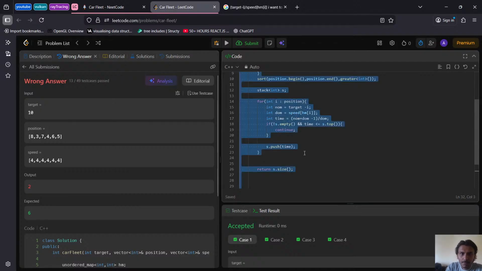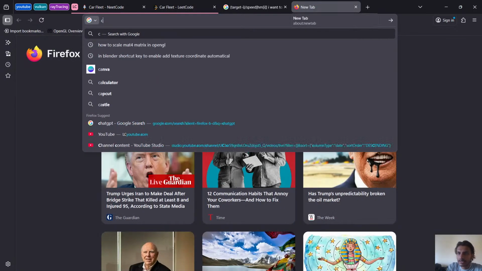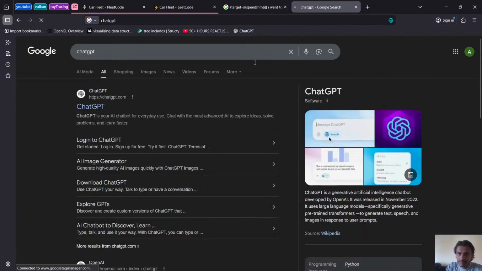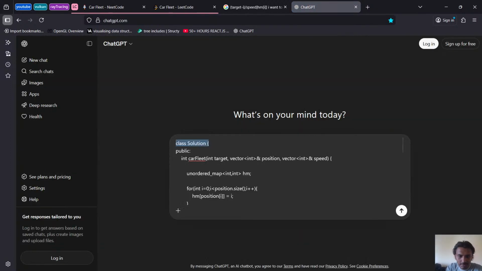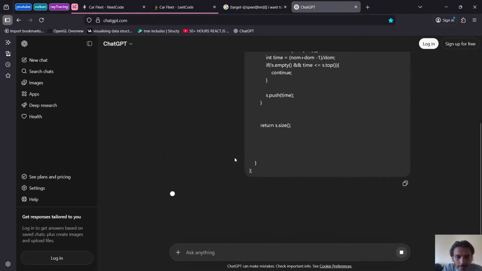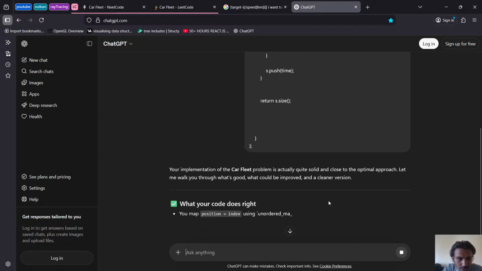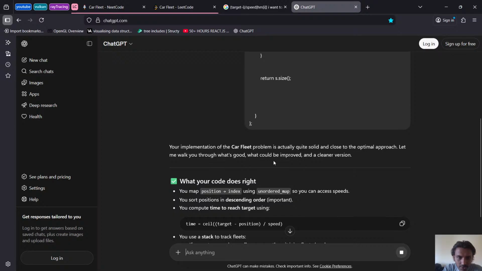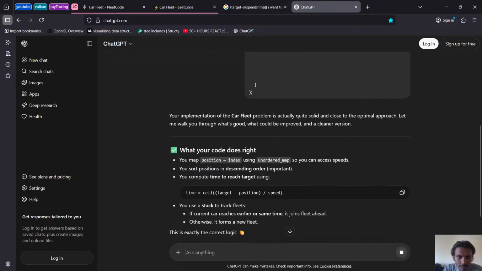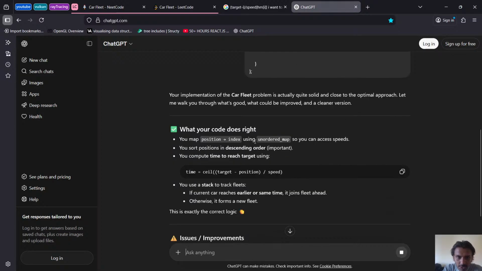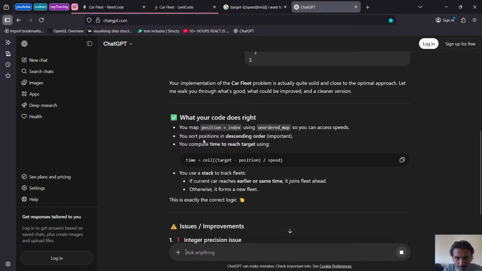Let's copy this and go to the chat. Let's add this. So what's the issue? The response says your implementation is quite solid and close to the optimal approach. Your code stores the positions using another map so you can access the speed.